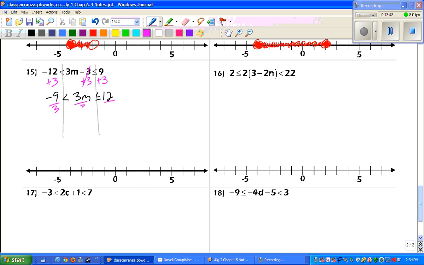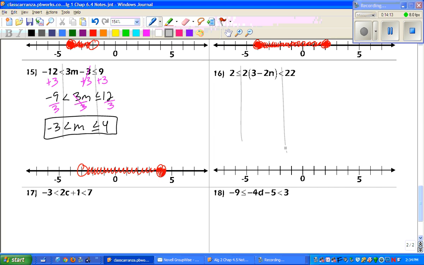We have to divide everything by 3. It's a positive number, so we are not switching the signs. It's in order, so then we can go straight to the graph. Negative 3, we're closed, at 4, and then we shade the middle.